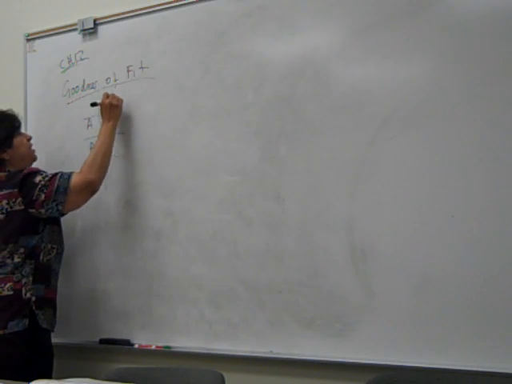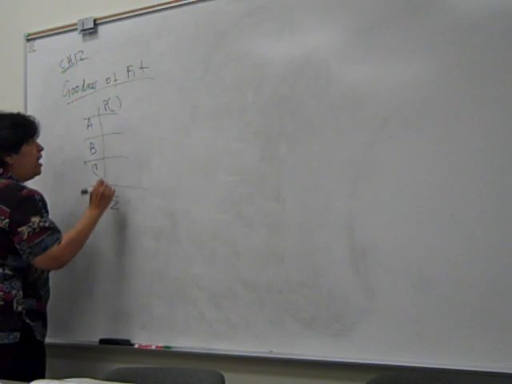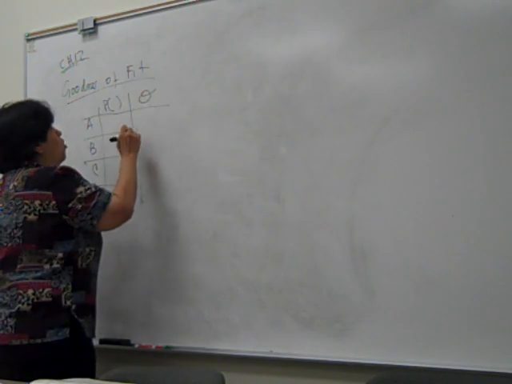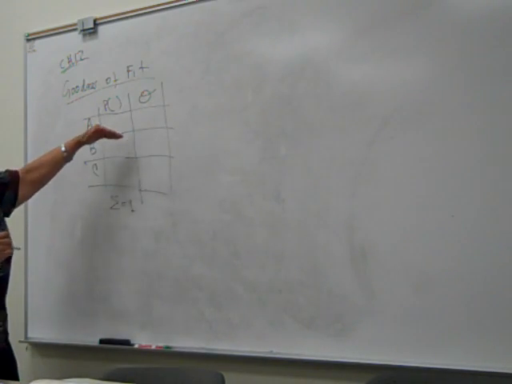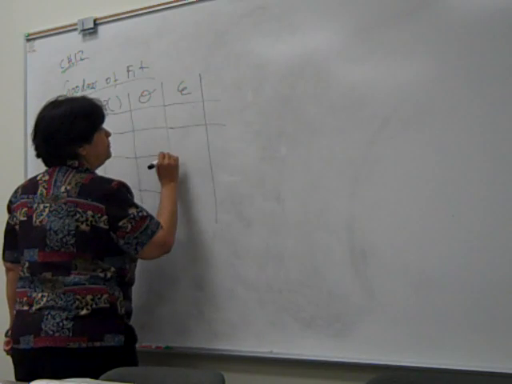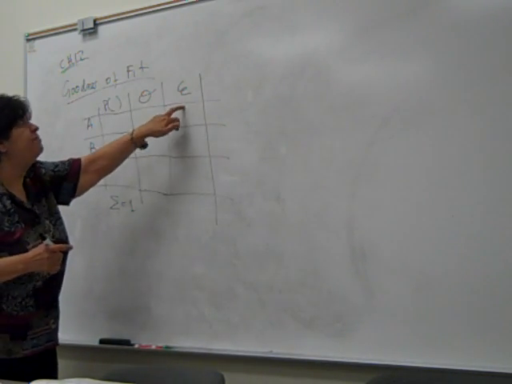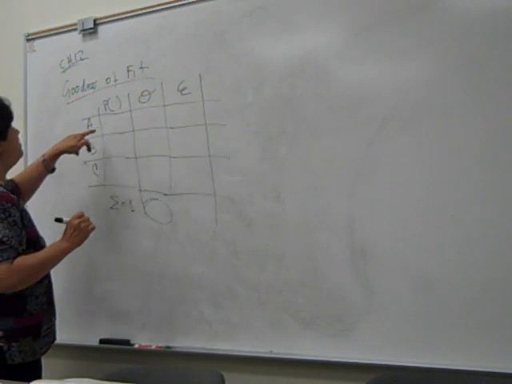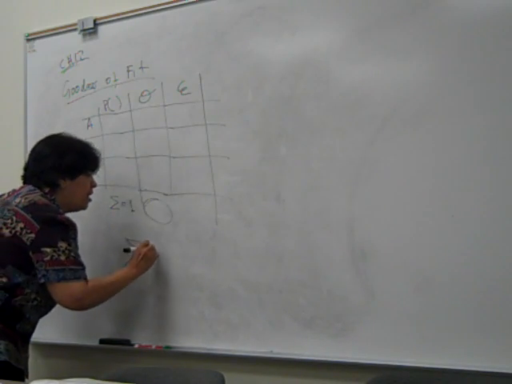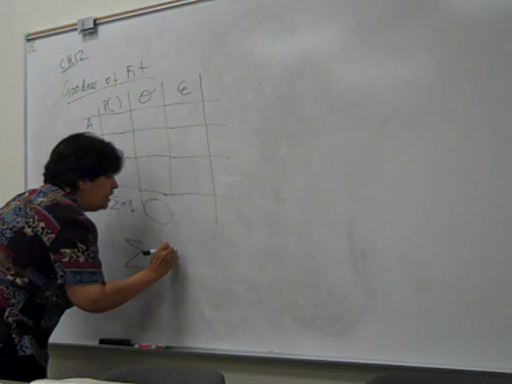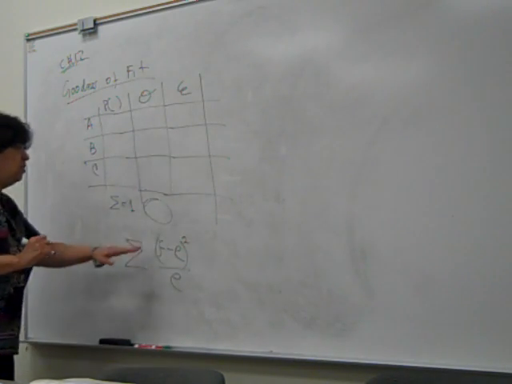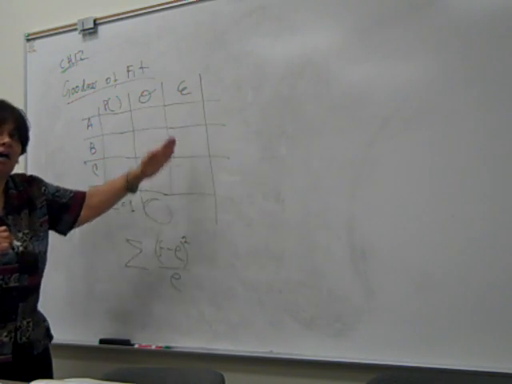Of course, if we add these probabilities, they have to equal 1. We have the observed number of elements in each category, and the expected number of elements, which is the total sample size times these probabilities. Then we add, for each category, the observed frequency minus the expected, squared, divided by the expected.